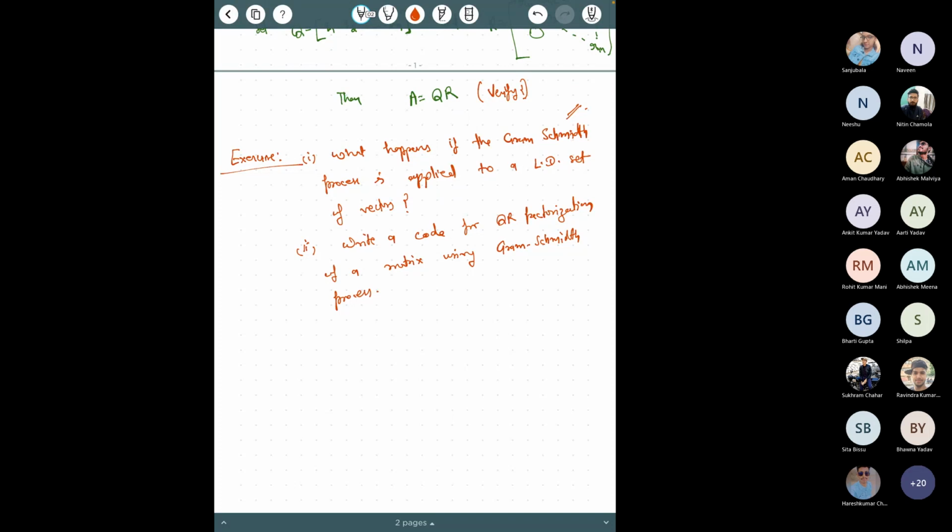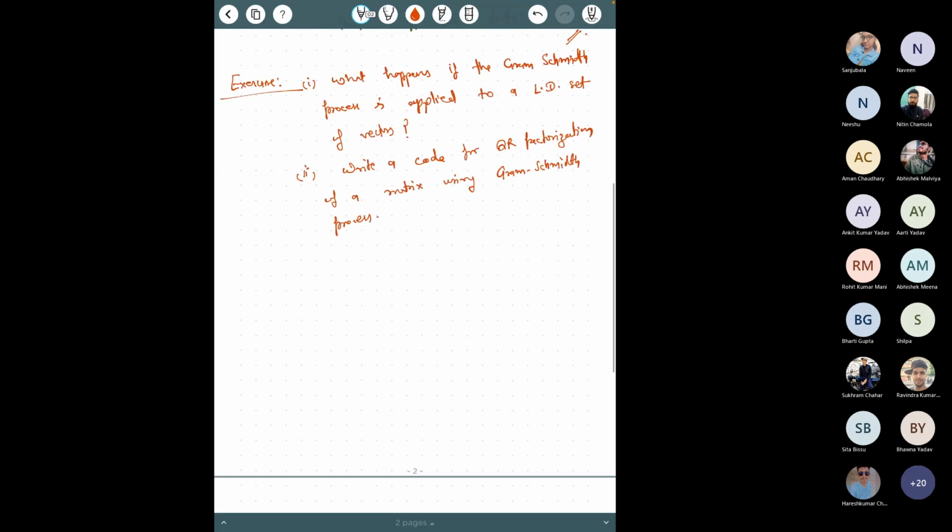Okay, I'll do one example of how to apply this Gram-Schmidt process. But before that, let me introduce one more term: orthonormal basis. So let's define this.